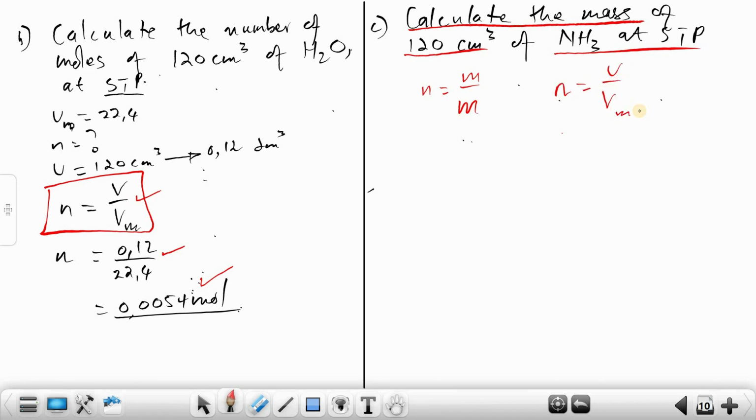The reason for that is this one here is the one that will give me my mass in grams. This one here will address issues of being at STP. So we are basically linking equation number 1 with equation number 3.